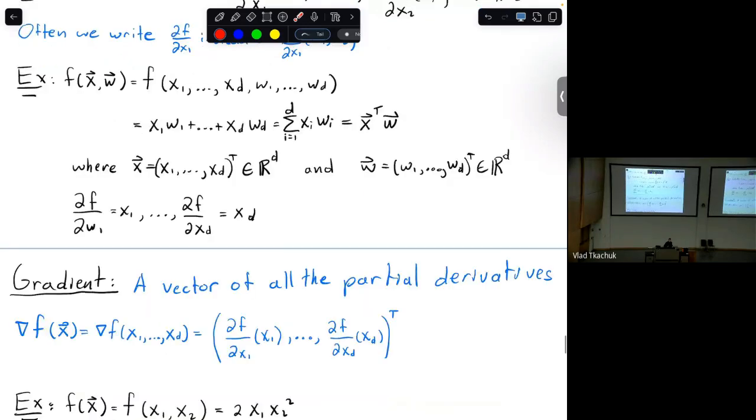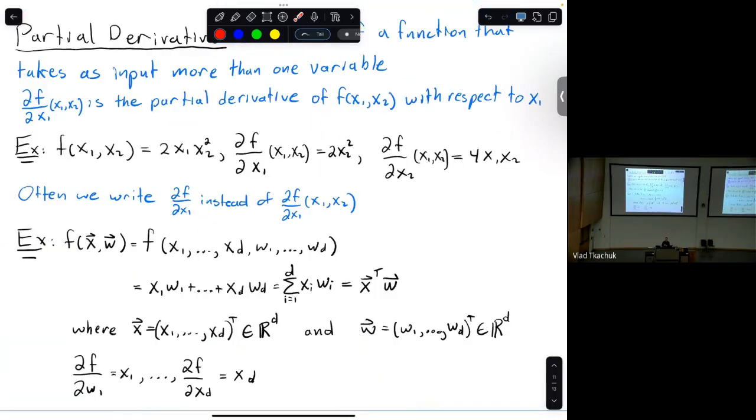Okay, so now let's end things with this last example, which is slightly more complicated, but one that you will see in the course a lot, because it's the example of a linear function using the dot product and so on. So pay attention here. We have a function that now looks like this. It has a bunch of inputs: x1, x2, up to xd.